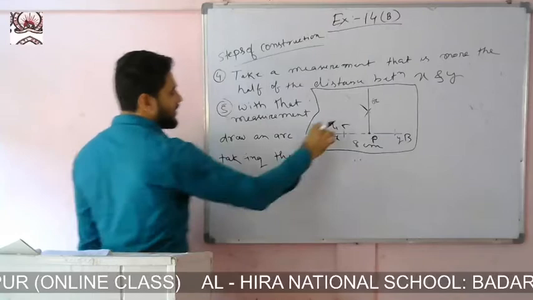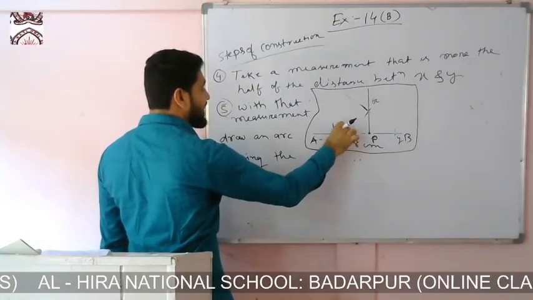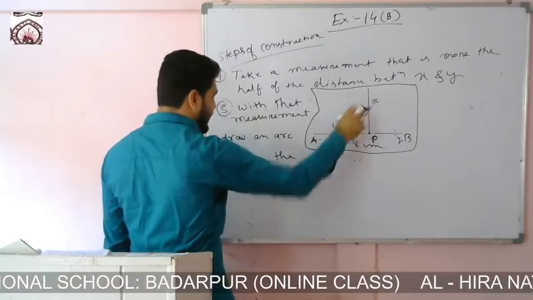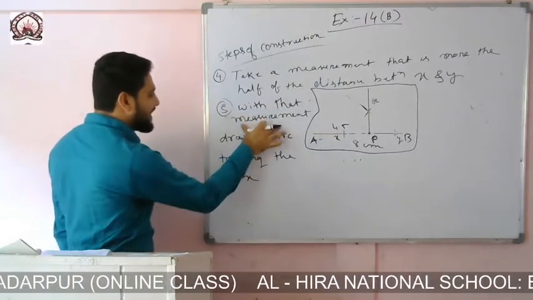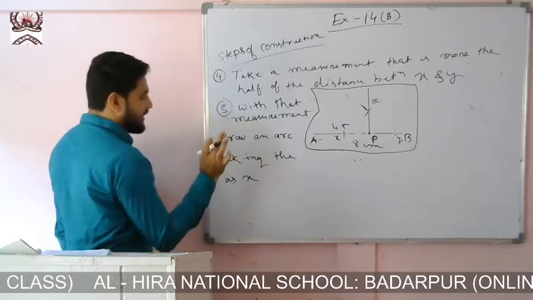That means you have to place the compass needle at x and draw an arc. Okay, with that measurement draw an arc taking the center as x.